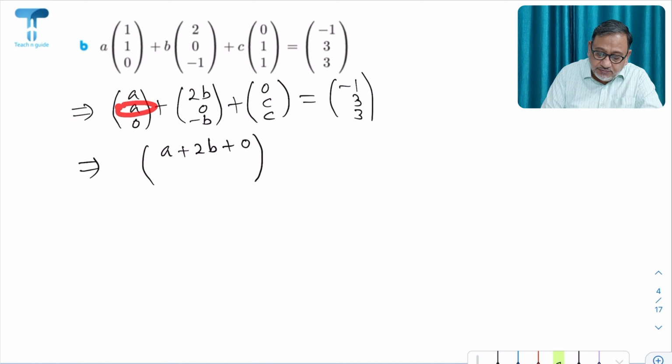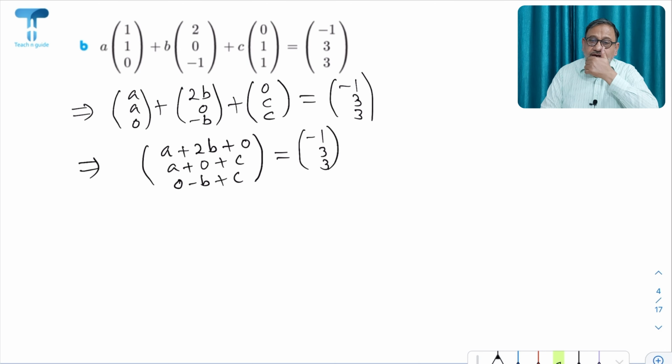The second component will be A plus 0 plus C. And the third component will be 0 minus B plus C, is equal to (minus 1, 3, 3). Okay. Is that clear to you?